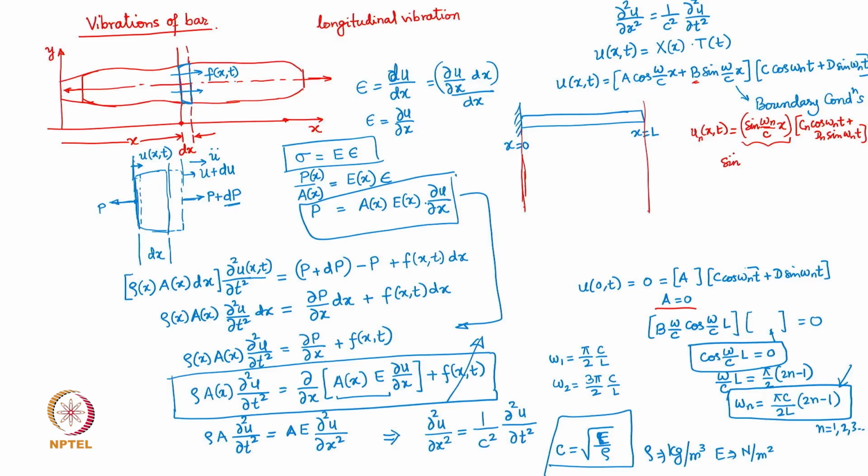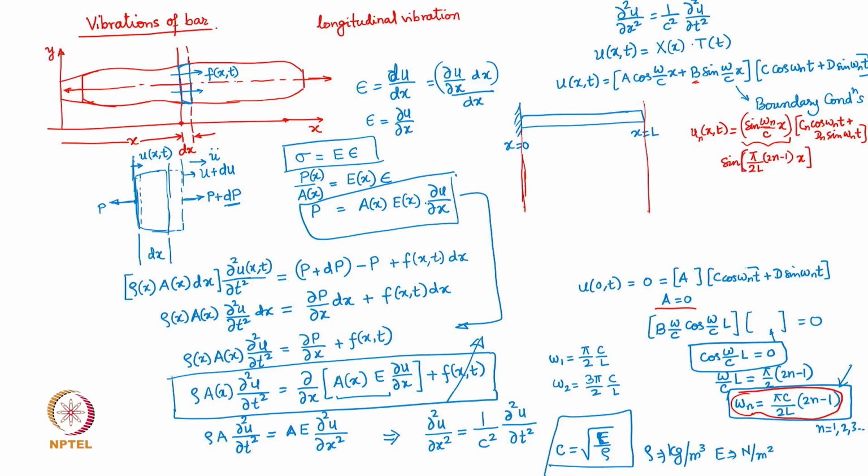Sine of omega_n by c times x, where omega_n by c, from this expression, I can write as pi by 2L times (2n minus 1). This is our mode shape.